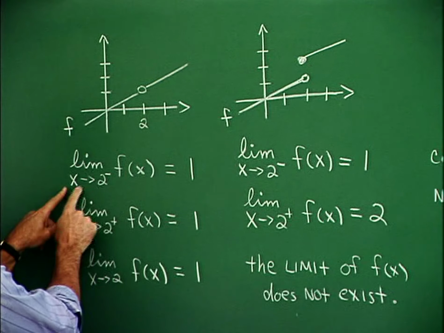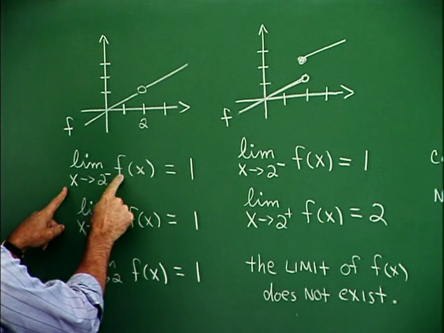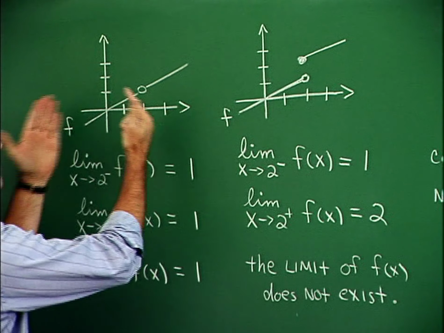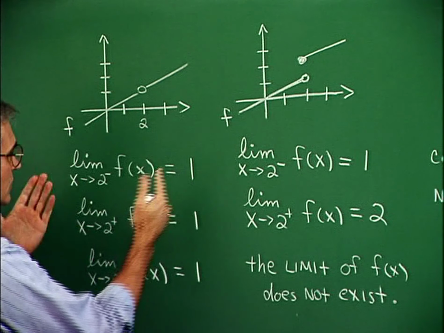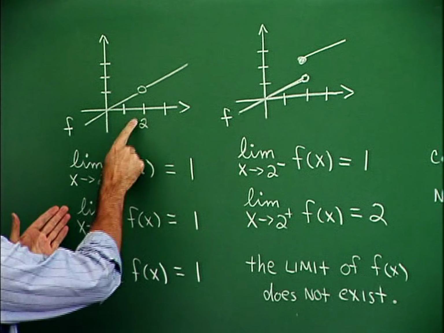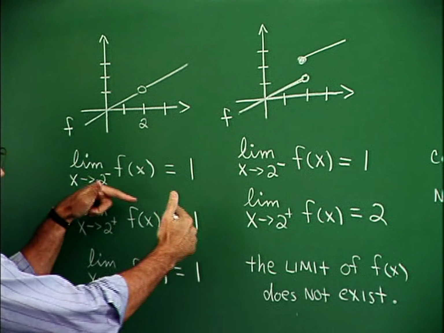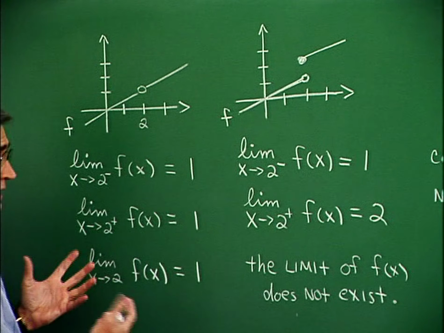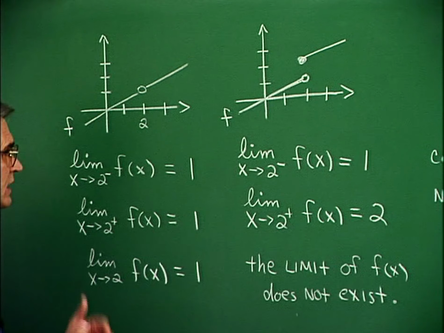The limit as x approaches 2 from the left of f of x equals 1. So the limit from the left at this target point is 1, and the limit from the right at this target point is also 1. And that means if the limit from the left is equal to the limit from the right, then the limit of the function is 1.